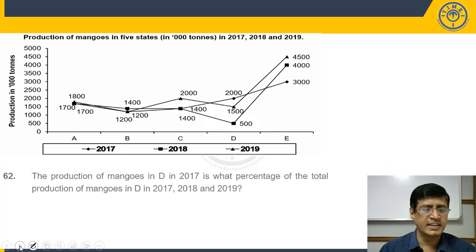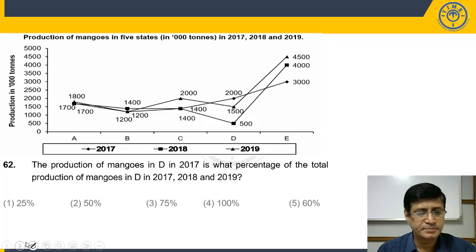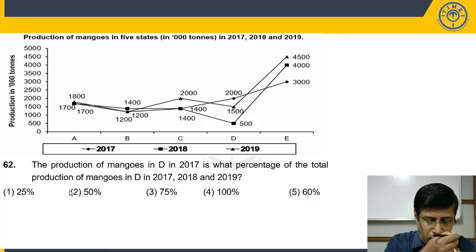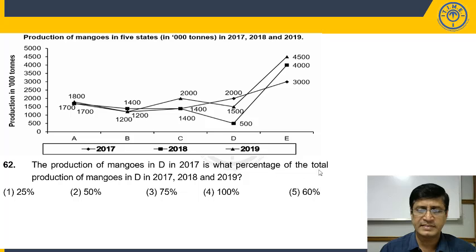Now look at the next example on your screen. The production of mangoes in D in 2017 is what percentage of the total production of the mangoes in D 17, 18 and 19. So D in 2017. D in 2017 value is how much? This is the D value in 2017. That is 2000.